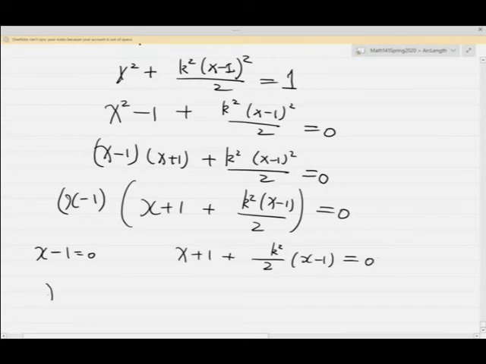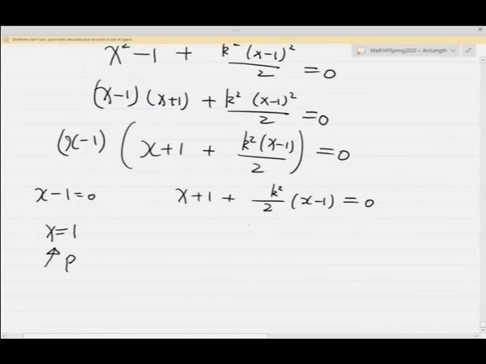Okay, so x is 1. So this is a P. This point P. Now this one you solve it. You get 1 plus k squared over 2 x, which is the right side, minus 1.